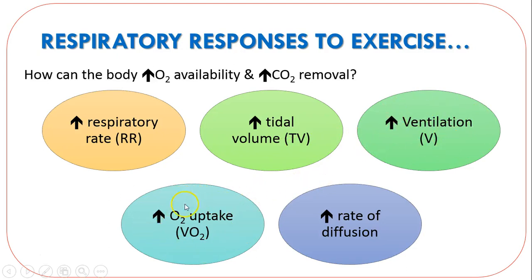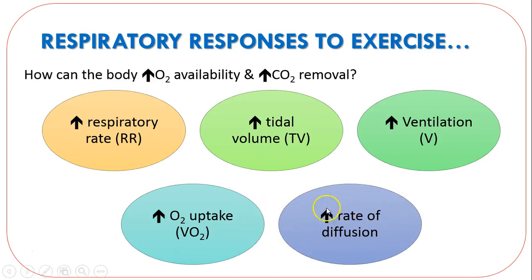We looked at the fact that our oxygen uptake increases linearly as we increase our intensity of work. And with our rates of diffusion, if we're getting more oxygen into the lungs because of increased ventilation, that means we have more oxygen travelling down that concentration gradient into the bloodstream. Okay, so you can see how these start to link together.